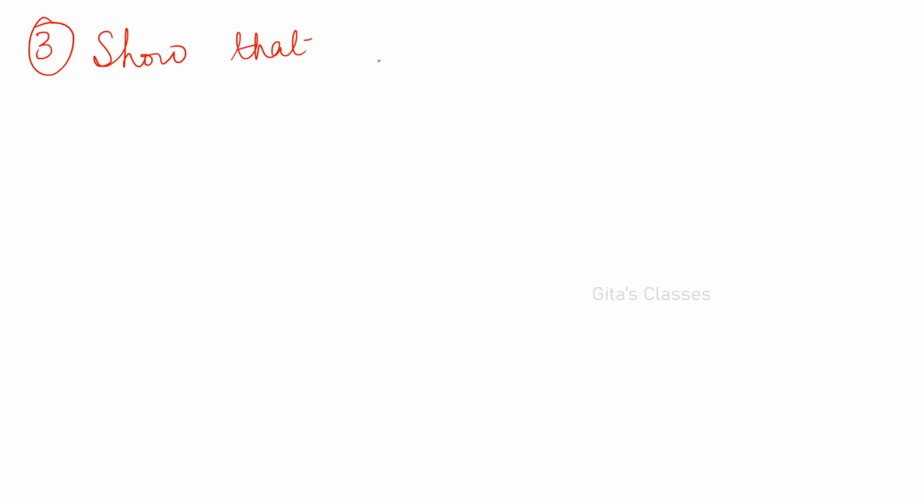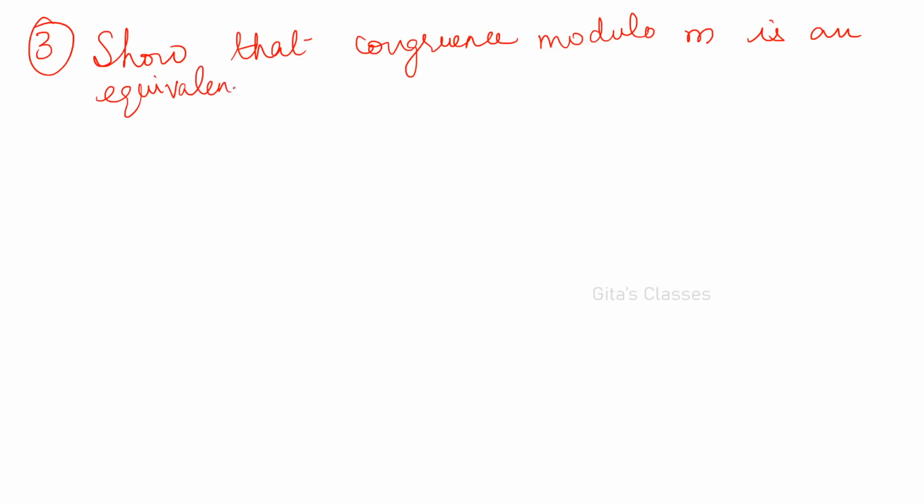For this you should know what is congruence modulo m. This is for 15 marks. Actually, the question is very, very easy. If you know all these things, the question will be very easy actually.